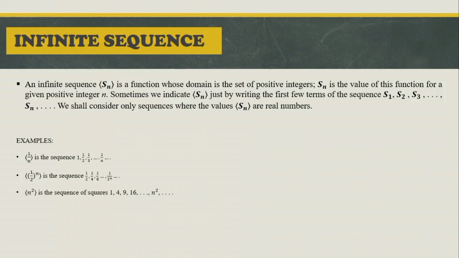Next example is the infinite sequence of n squared, the sequence of squares 1, 4, 9, 16, and so on, n squared. And next is the infinite sequence of 2n, the sequence of positive even integers 2, 4, 6, 8, and so on, 2n. The infinite sequence of 2n minus 1 is the sequence of positive odd integers 1, 3, 5, 7, and so on.